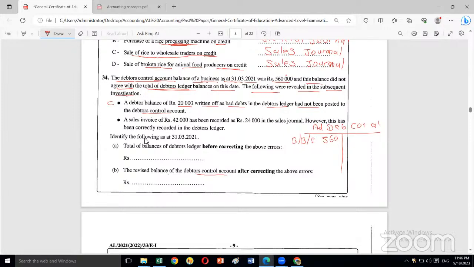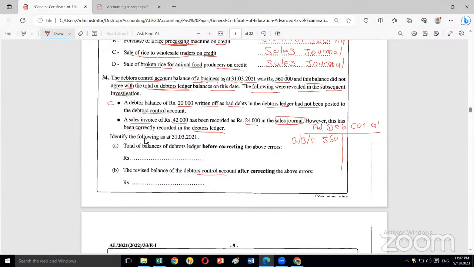They made the error in the debtors control account. After that, a sales invoice of 42,000 has been recorded as 24,000 in the sales journal. So they made the error in the journal, however, this has been correctly recorded in the debtors ledger.